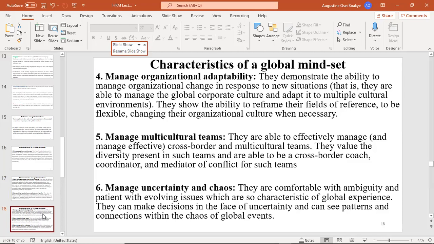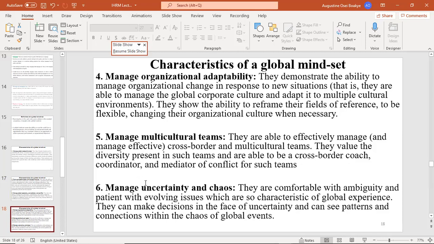So when you are able to manage these things well, then it means you'll be getting value for your multinational enterprise. And that is why we say that they value the diversity present in such teams and are able to be a cross-border coach, coordinator, or mediator of conflict for such teams.